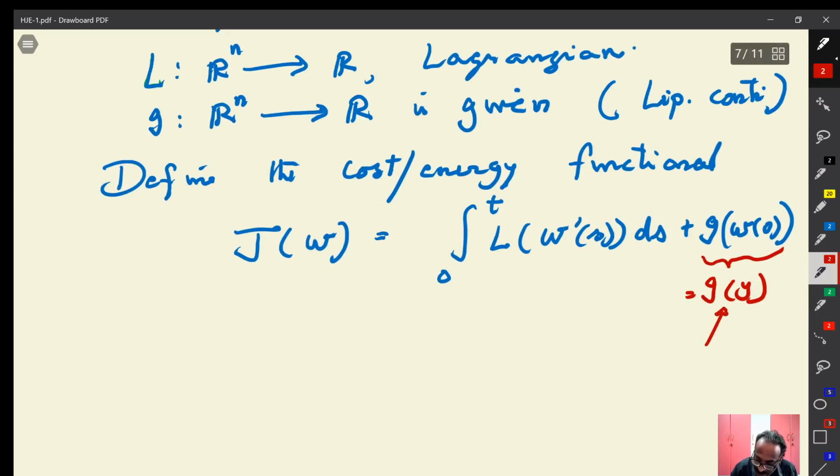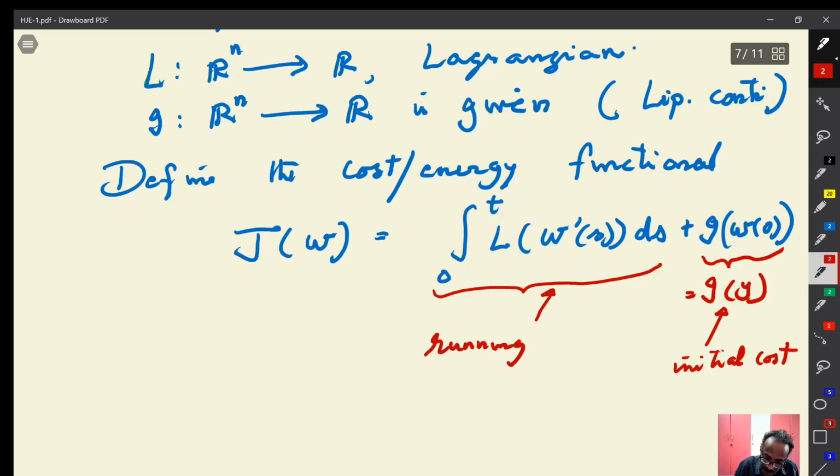In physical applications, this is the initial cost. To start a dynamics or whatever it is, you will have an initial cost, and these are the terminologies from optimal control we recall. The integral is called the running cost, because each time you have the total running cost.